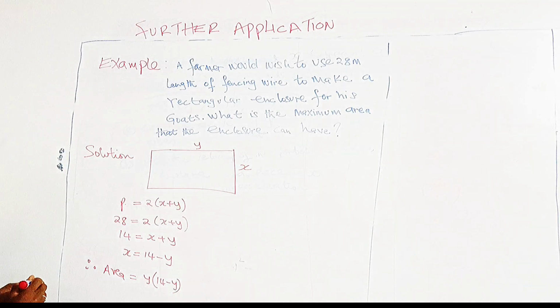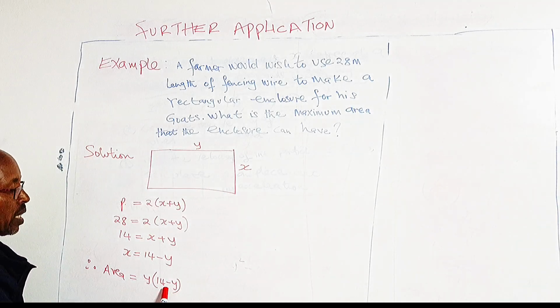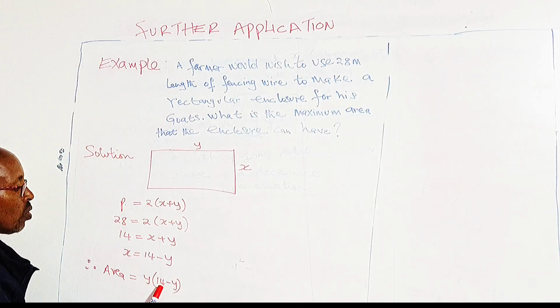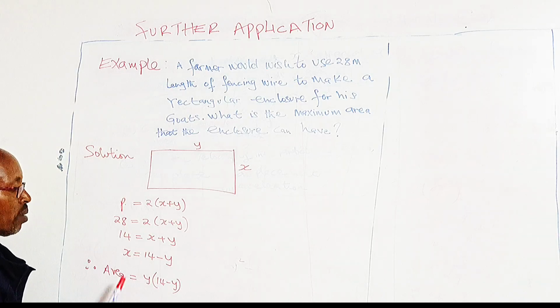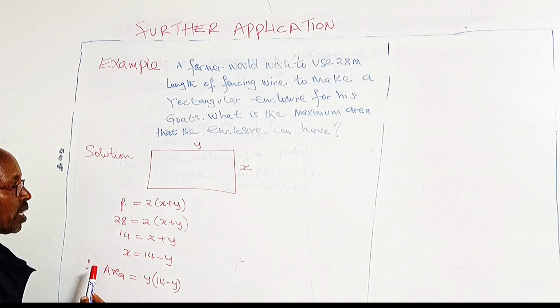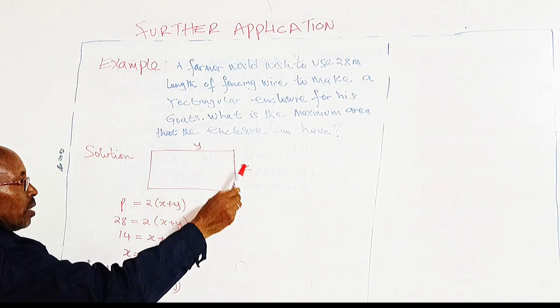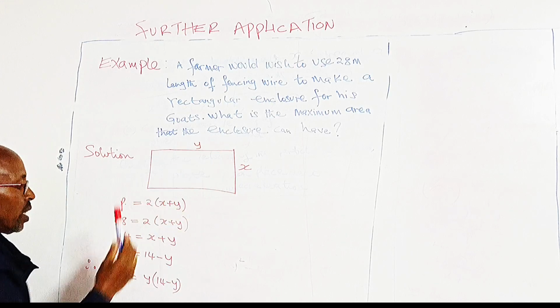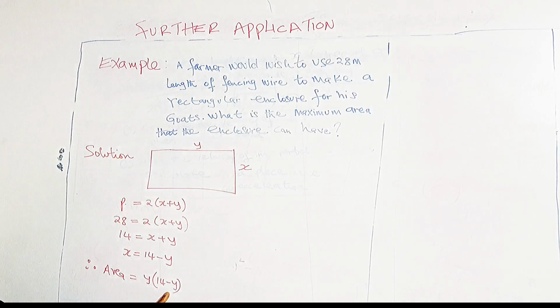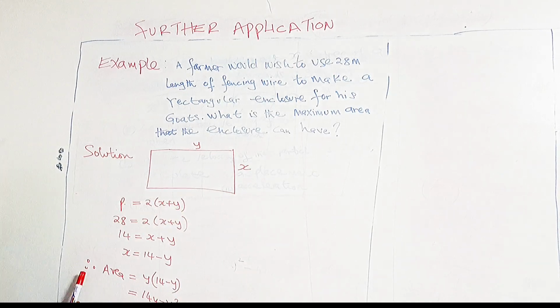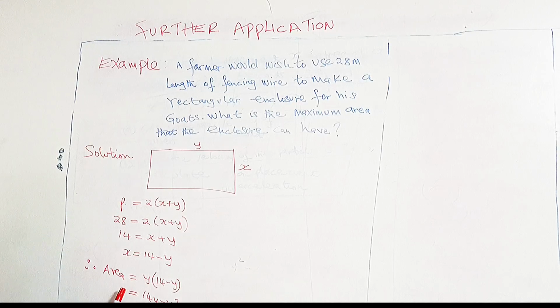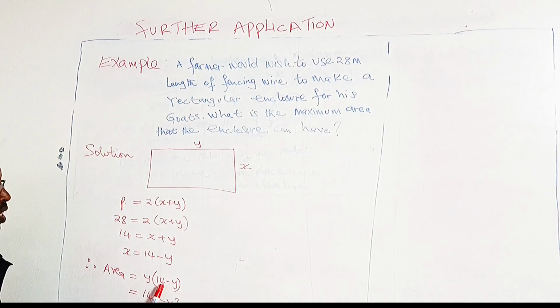We substitute x. Because our x is 14 minus y, and the area is length times breadth, which will be y times x. So we have y, and our x is 14 minus y. Therefore, the area is equal to y into 14 minus y.